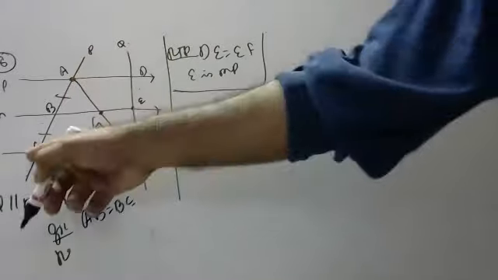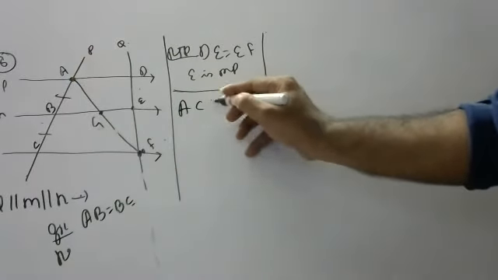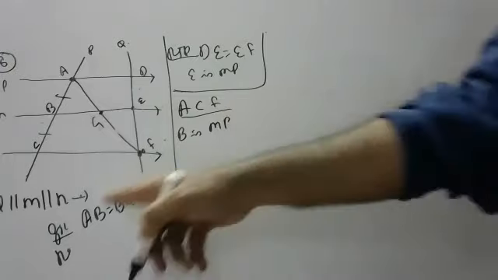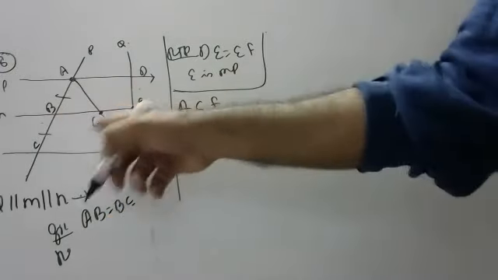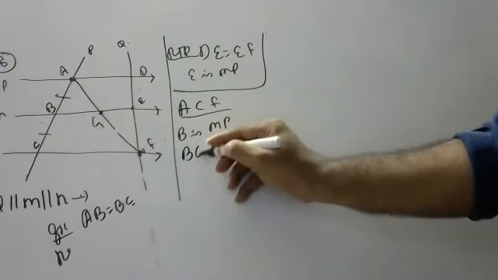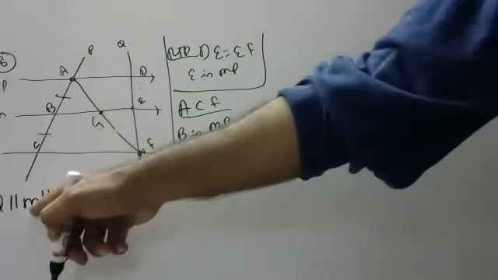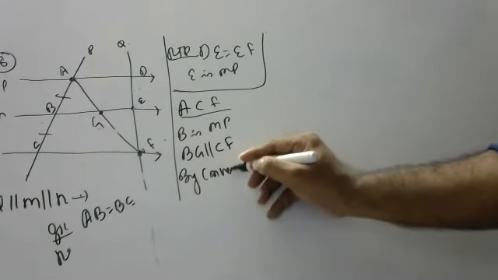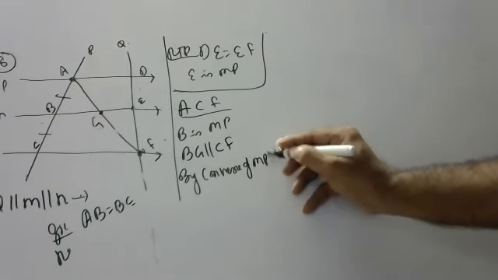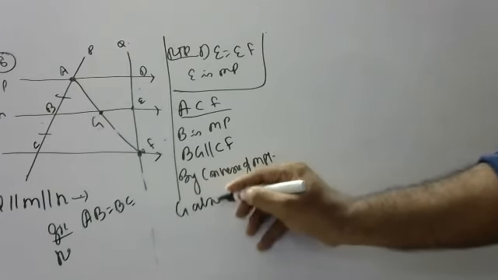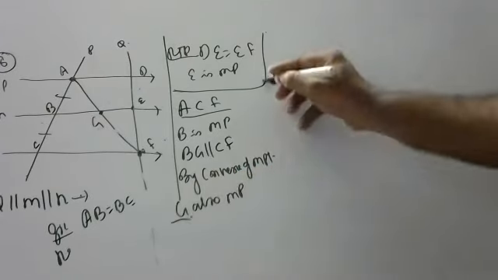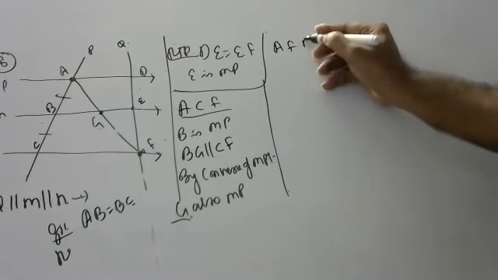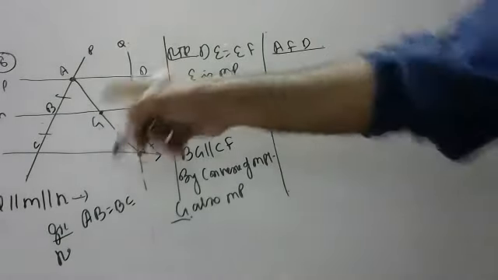First, think of triangle ACF. In ACF, B is the midpoint. How? Given. BG is parallel to CF. How? Given. By the converse of the midpoint theorem, G is also a midpoint. Now in triangle AFD, G is the midpoint.